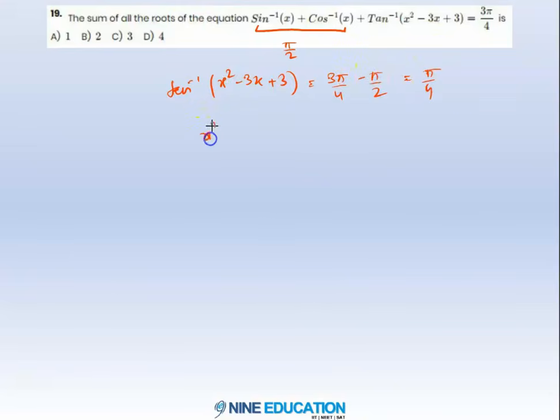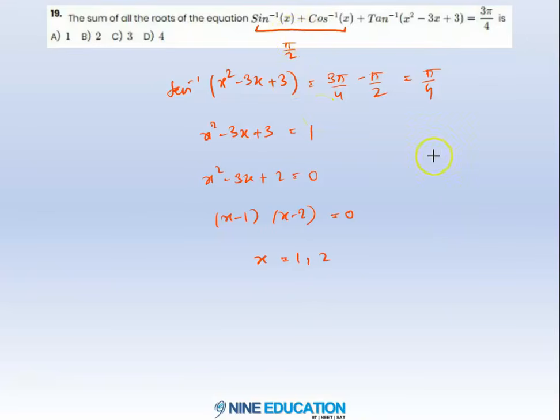So this will be x square minus 3x plus 3 is equal to tan pi by 4, which is 1. So x square minus 3x plus 2 is equal to 0. So x minus 1 and x minus 2, that is equal to 0. From here we are getting x equal to 1 and 2, two possibilities.